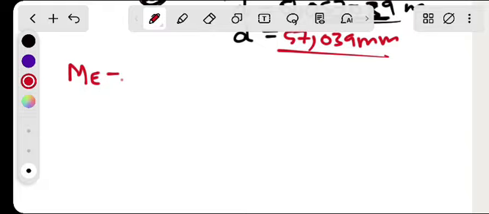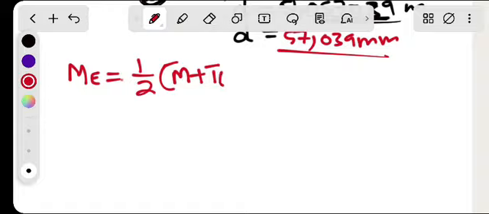Under equivalent bending moment, we know equivalent bending moment is 1/2 into maximum bending moment plus equivalent twisting moment, like this.